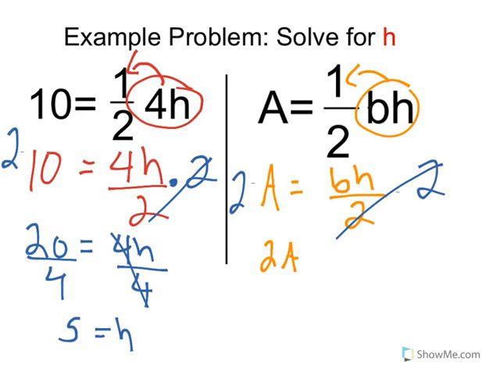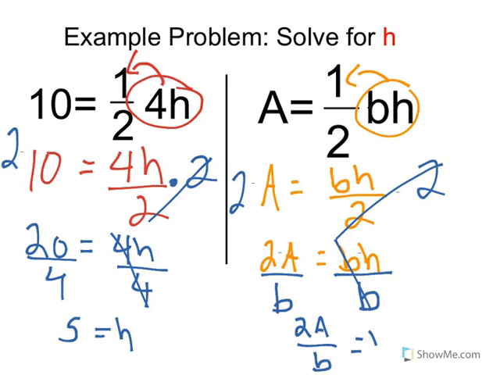So you get 2a is equal to b times h. This is being multiplied, and that's being multiplied. If we're trying to get h by itself, we need to get rid of the b. It's being multiplied by b, so we're going to divide both sides by b. That's going to undo it and cancel it out. So you're left with 2a over b is equal to h as your final answer for that.